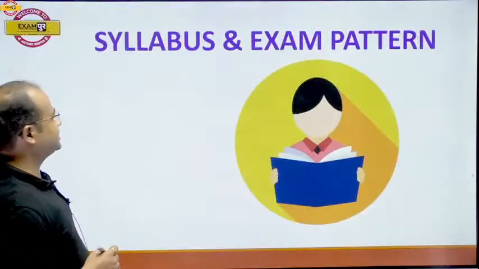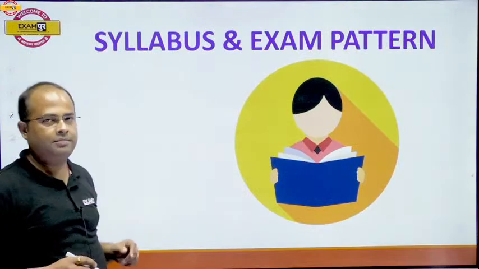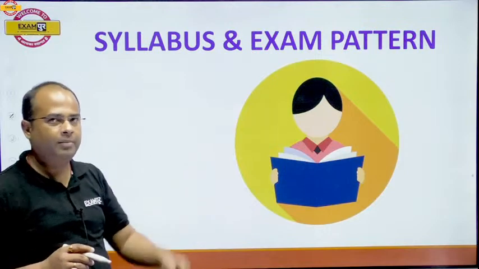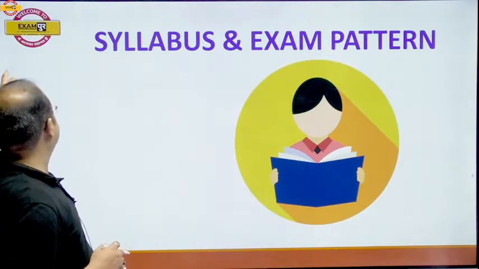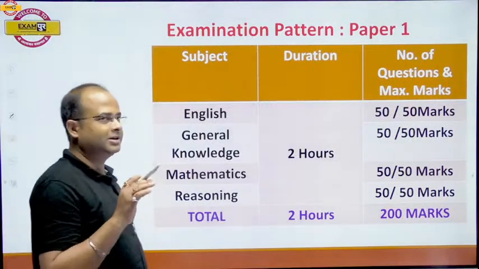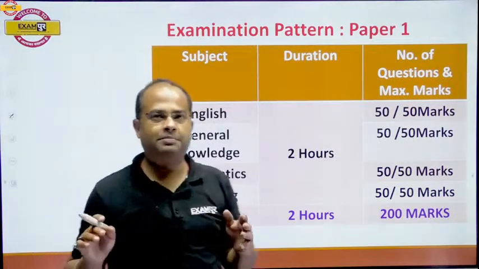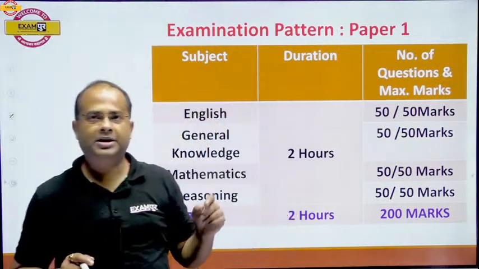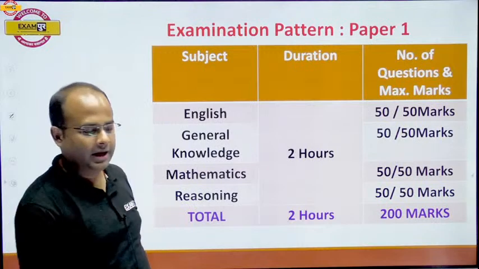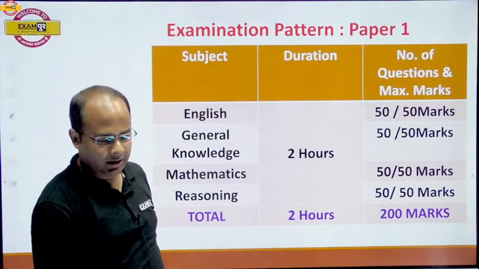So guys, let's start with the CPO examination pattern: how many questions and how many marks come from general awareness. If I talk about the examination pattern of CPO paper 1, because in paper 1 general awareness is asked, and in paper 2 only English is asked.